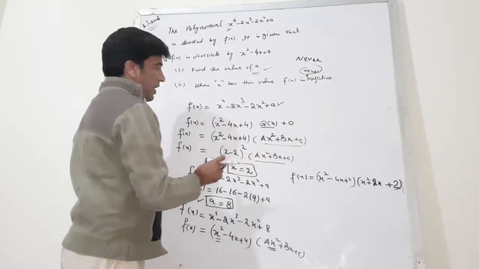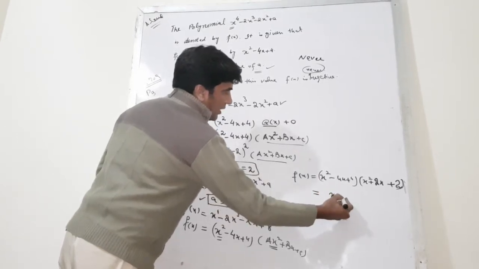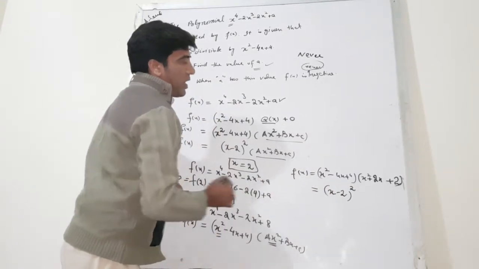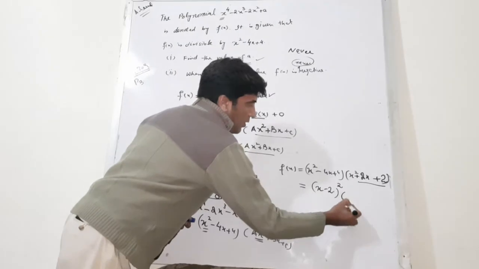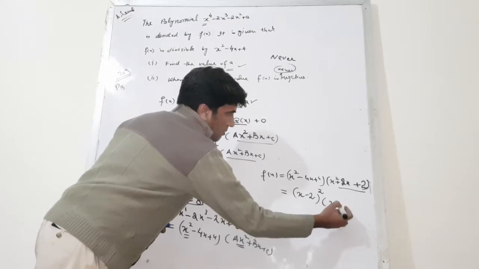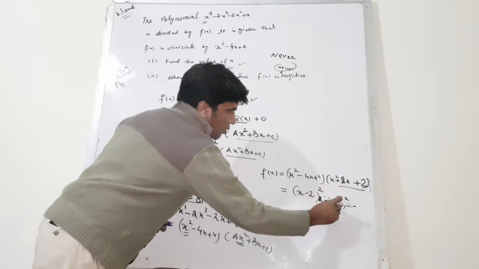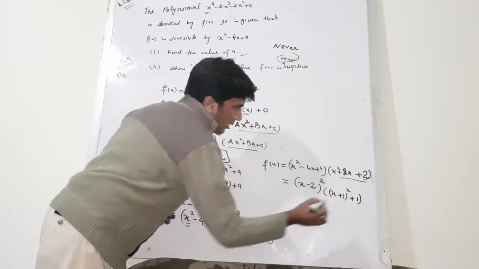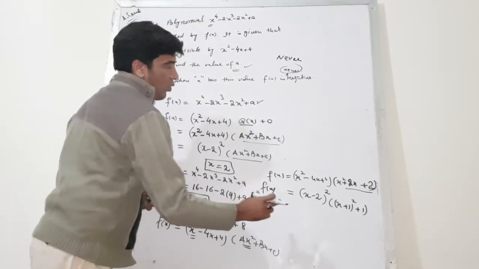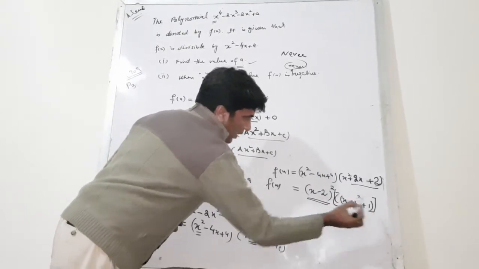As I already told you, x² − 4x + 4 can be written as (x − 2)². In the same way, if we complete the square for the other part, we get (x + 1)² + 1. Now you see that f(x) has two factors. One factor is this one and the other factor is this one.